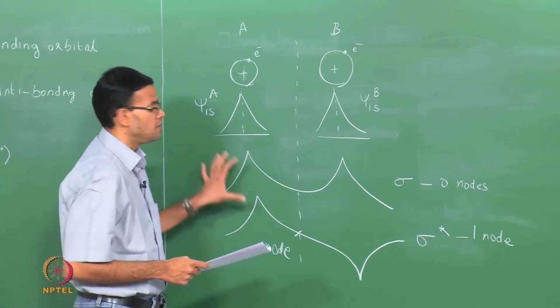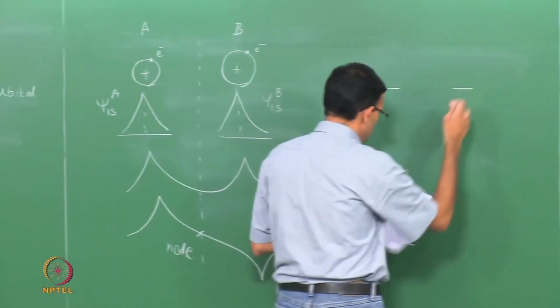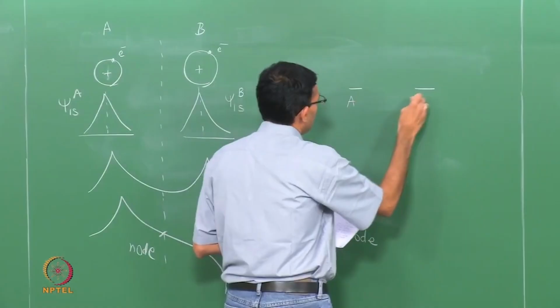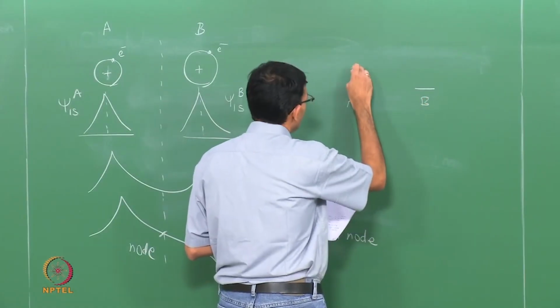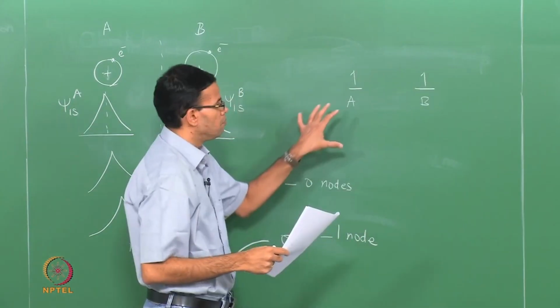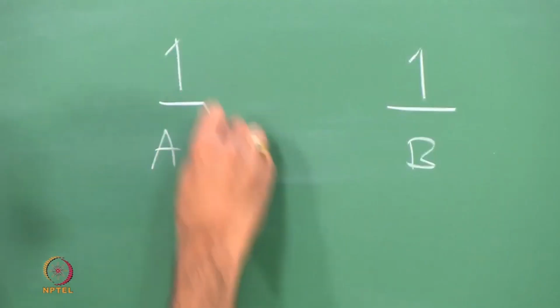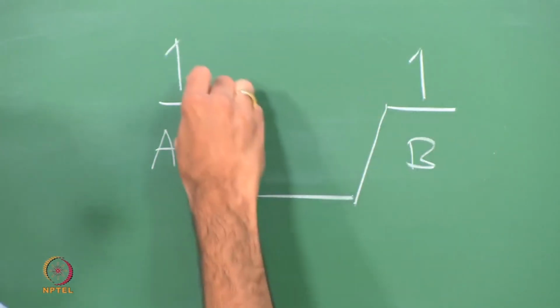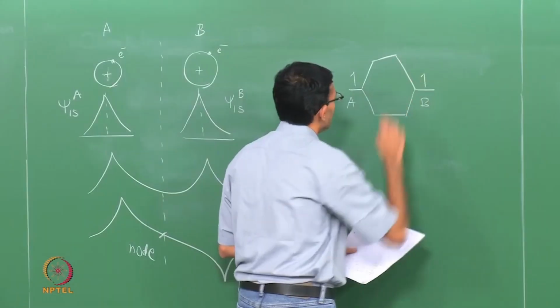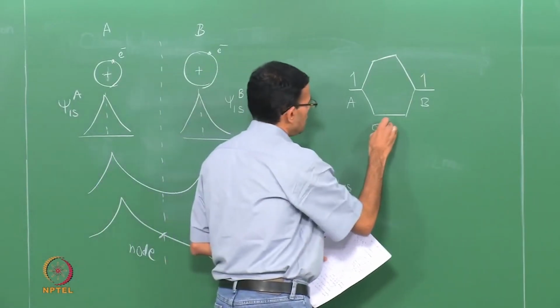Another way to represent this compactly is to consider your 2 atomic orbitals A and B. Each has one electron. When these two merge, they form both a bonding and an anti-bonding orbital. So your bonding orbital has a lower energy, that is your sigma.